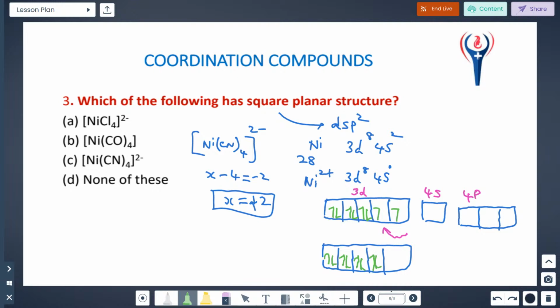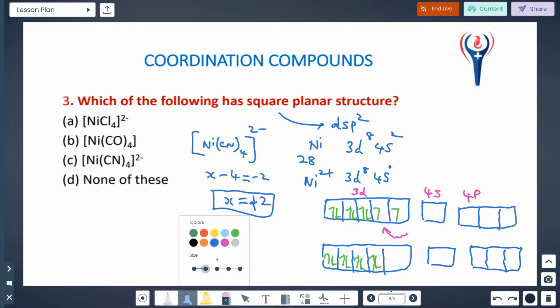Understood? Now take how many CN here? We have 4 cyanide, no. Each CN gives a pair of electrons to the empty orbitals.